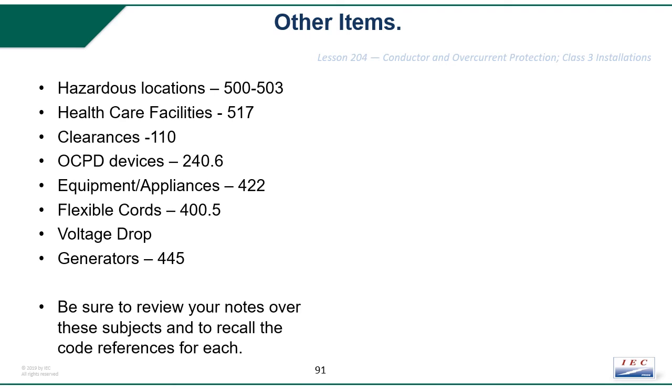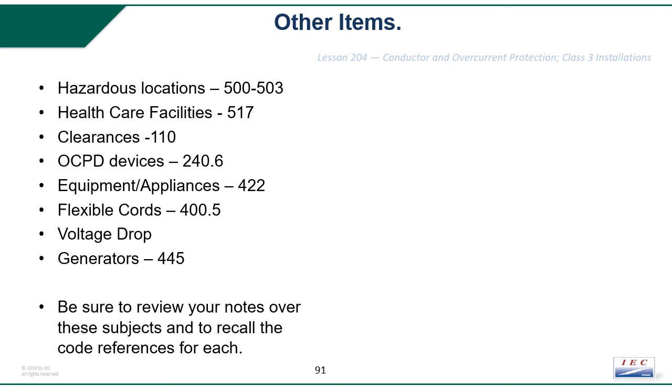Voltage drop. You will have a couple voltage drop questions, so go back and look at your notes for voltage drop equations. Remember the voltage drop equations found for three-phase versus single-phase, and all of the different variations of the formula.